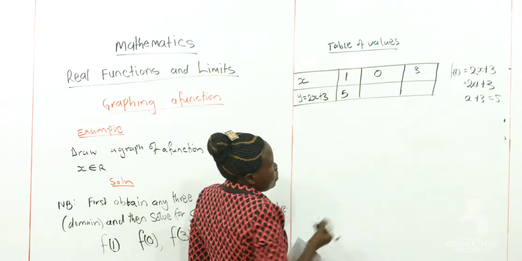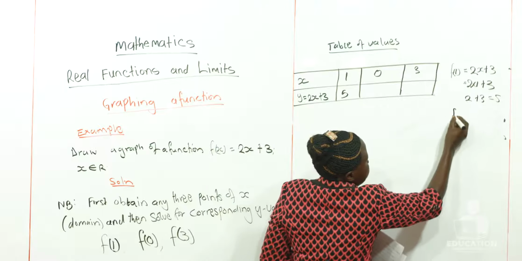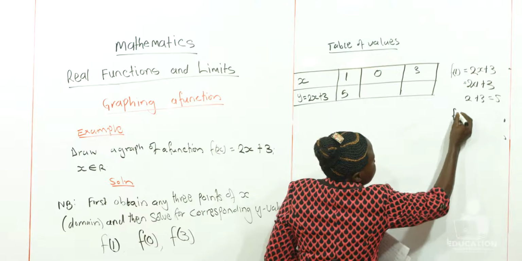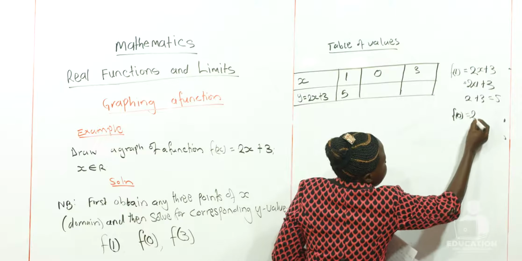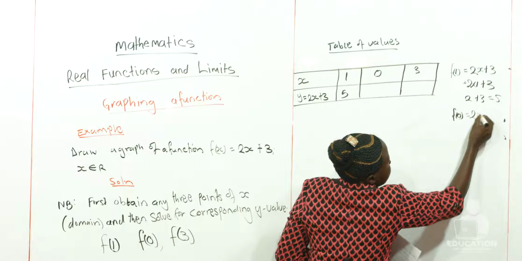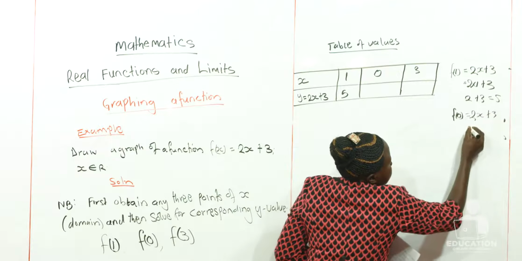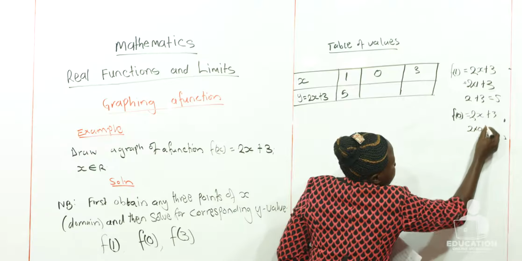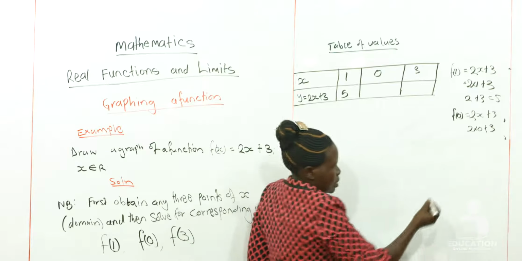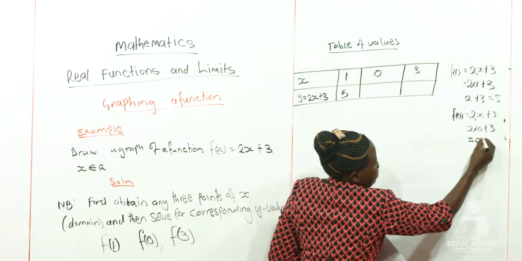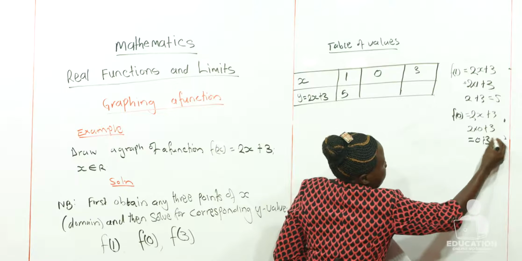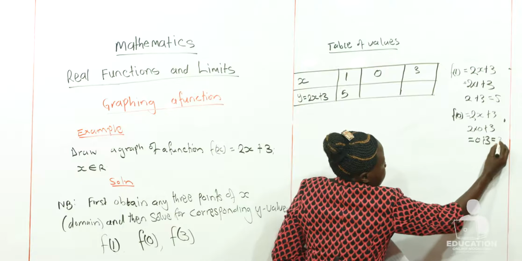And then you also come down and say, if x is 0, then what will happen? I will have 2x plus 3, 2 times 0 plus 3, which will give you 0 plus 3. Your answer is 3.